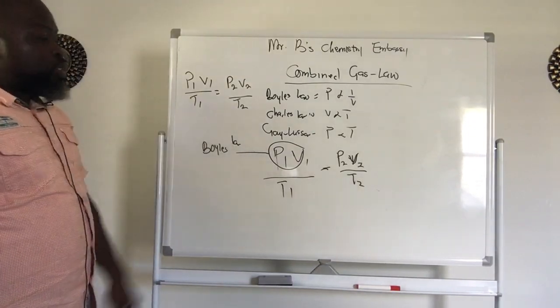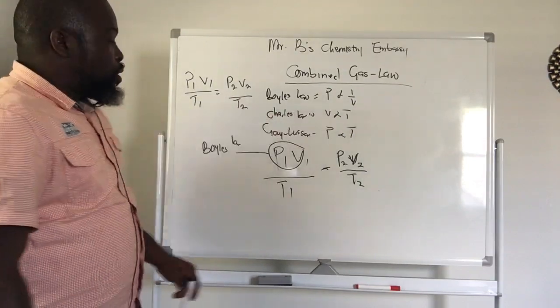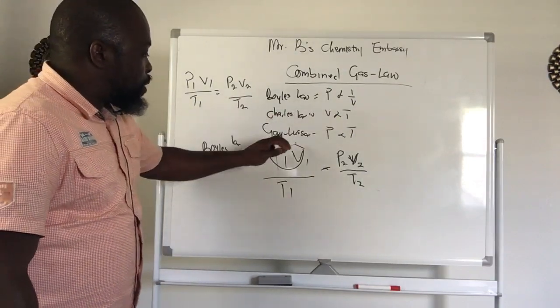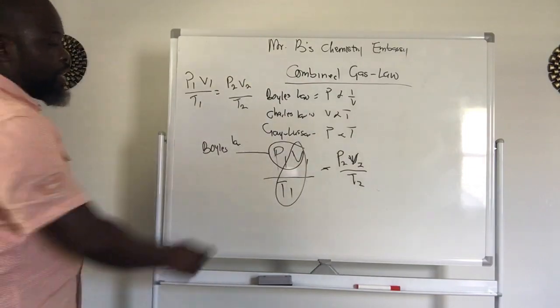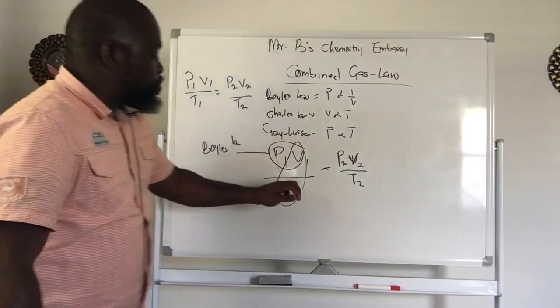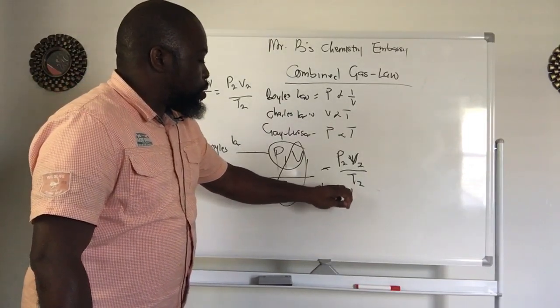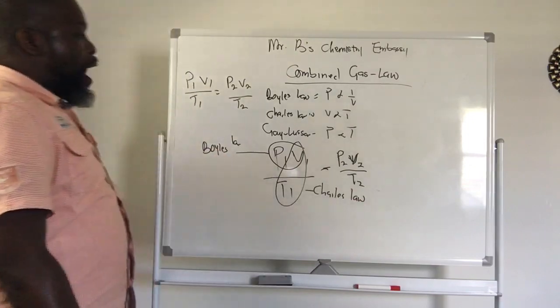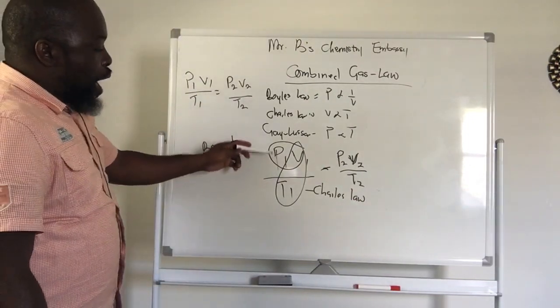Then Charles' law deals with what? Volume and temperature. So when we circle this out, you can see clearly that this is volume and temperature. This is my Charles' law. And finally, Gay-Lussac's law deals with what? Pressure and temperature.